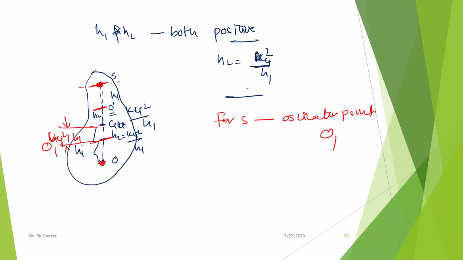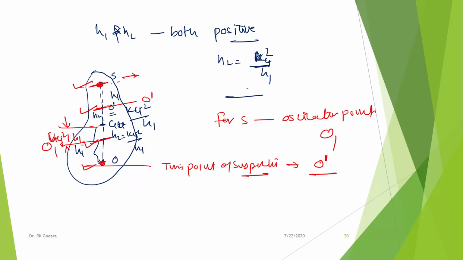If this is the point of suspension, then the oscillation point would be this one, O prime. So whether we hang this compound pendulum about this point, this point, or these other points, we will have the same time period at all 4 points.